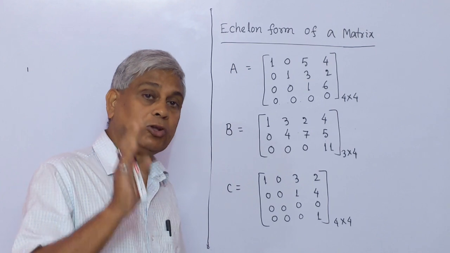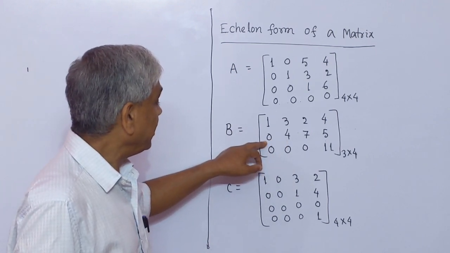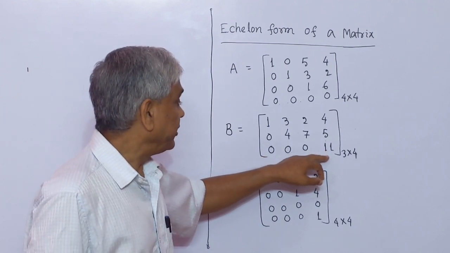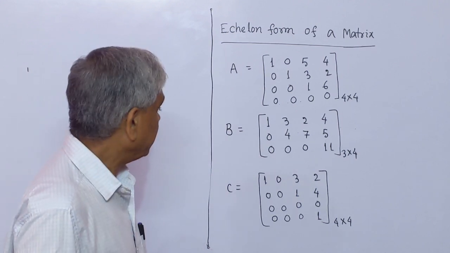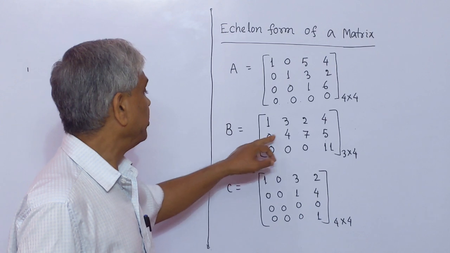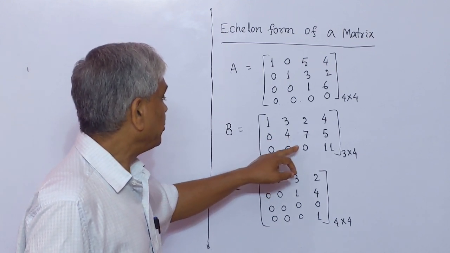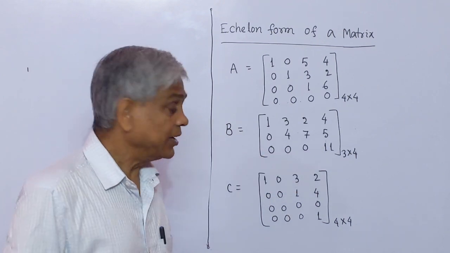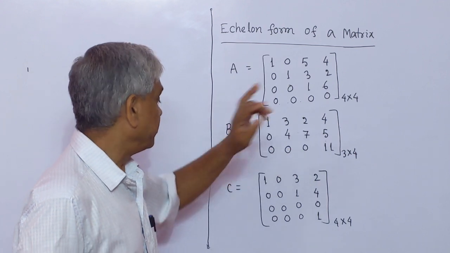The number of zeros before the non-zero entry of the second row is less than that of the third row. This property shows that the matrix B is also in echelon form.